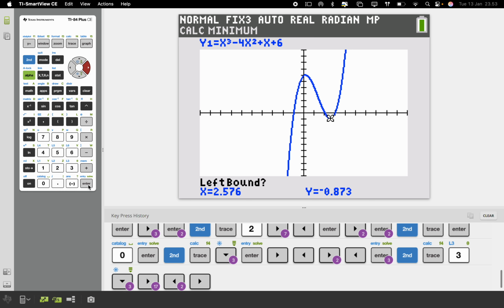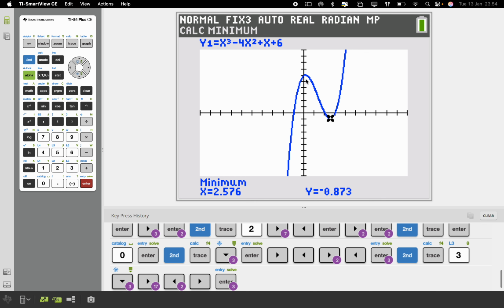So check left bound, right bound, and that is how we find the minimum value. And these points are also called the turning points and the vertex, so vertex, turning point, or maximum and minimum value points.